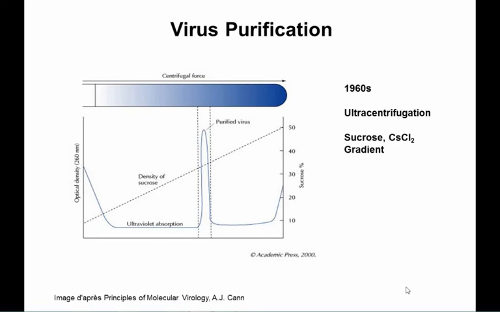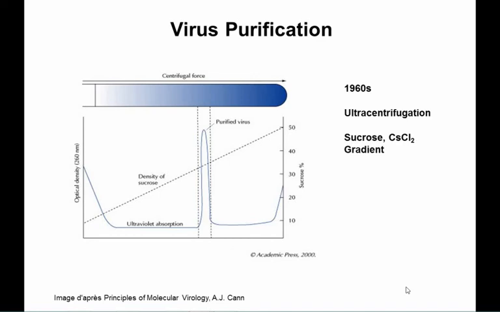So the different components will separate out in the gradient according to their sedimentation coefficient and their density. The soluble proteins will stay up here, or they might just enter the top of the gradient. All of these large bits of debris, nuclei, cell organelles, they'll go down to the bottom.